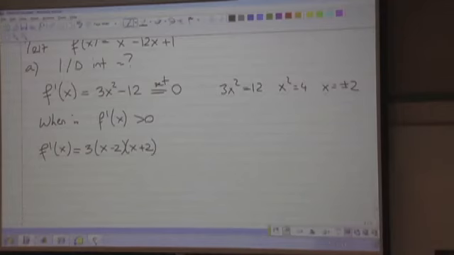So far so good? Now from here I could tell you when the function is increasing and when the function is decreasing, but let's assume that we don't know that information. And let's actually do this the old-fashioned slow way of doing things.